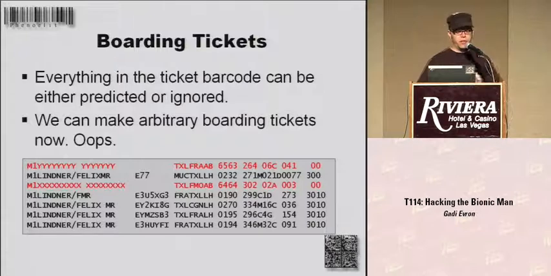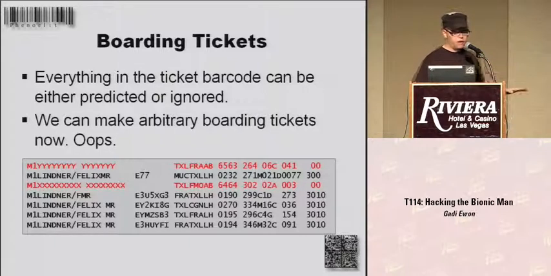Now, what's really scary is the two red ones that I have in there are actually online check-in boarding passes, so you check in on the website instead of at the counter. They don't have anything in the second column. The second column is what is called the passenger record number, and literally everything in airline security, routing, and whatnot depends on a PNR being there and correct and unique.